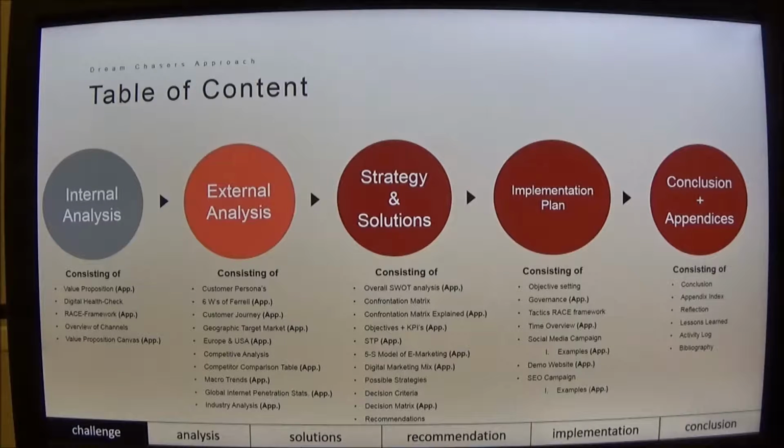Here in the table of content you will see behind some models, in between brackets, "app", that means it's an appendix. So you won't find it in the body due to the slide limitations, but all the supporting slides will be in an appendix.